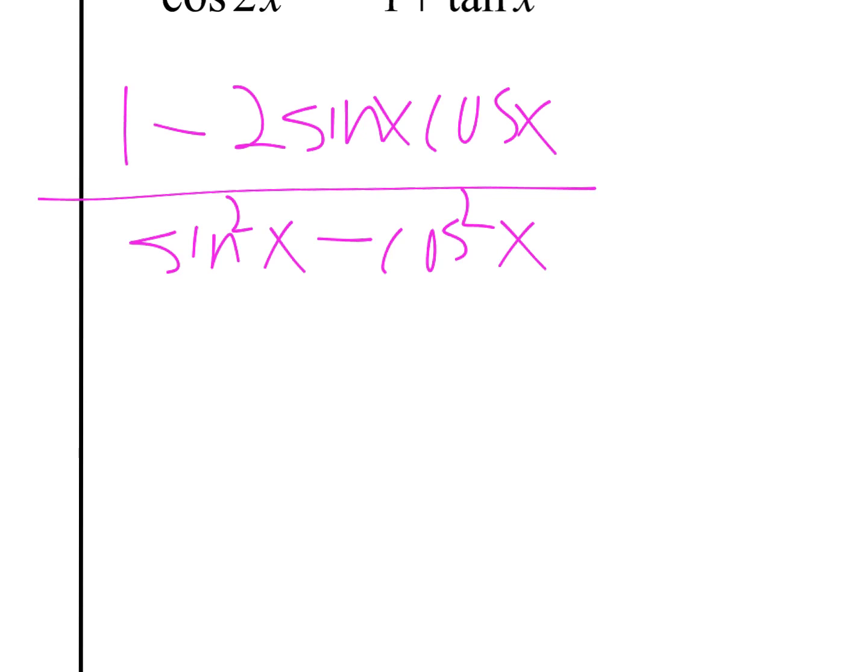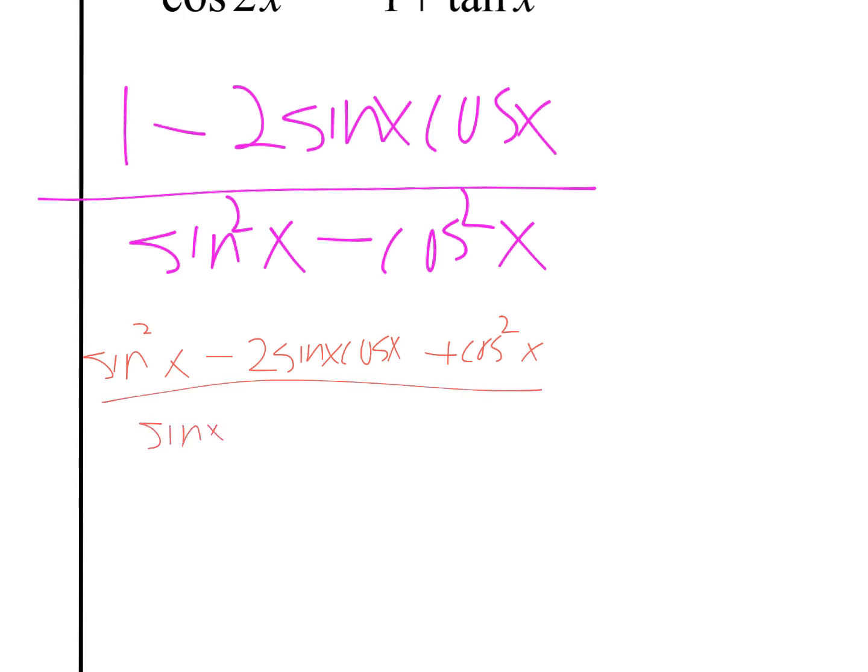And what my brain wanted to do was rewrite the top as, that's 1, so that's sine squared plus cosine squared minus 2 sine x cosine x. And then over sine x minus cosine x, sine x plus cosine x.